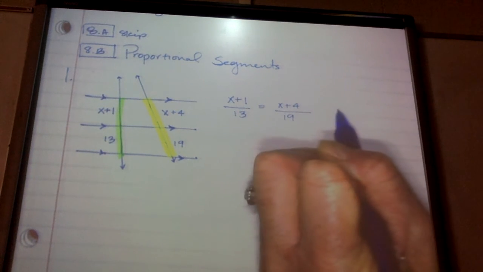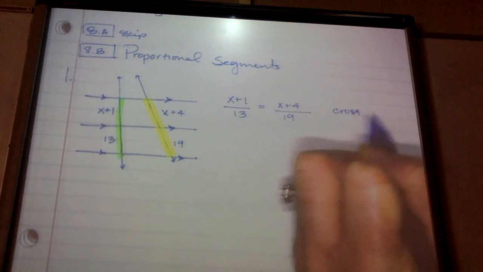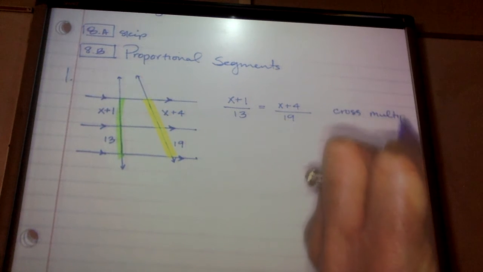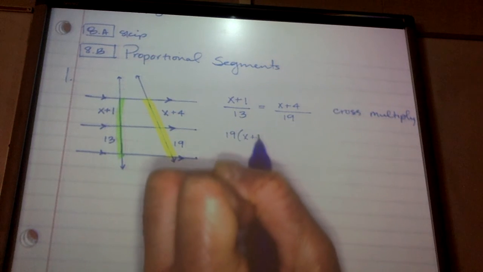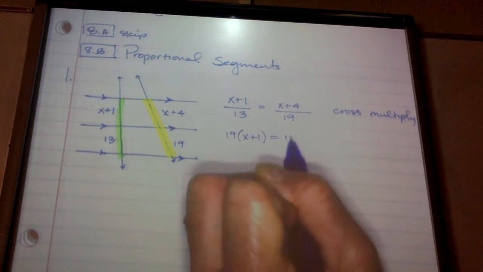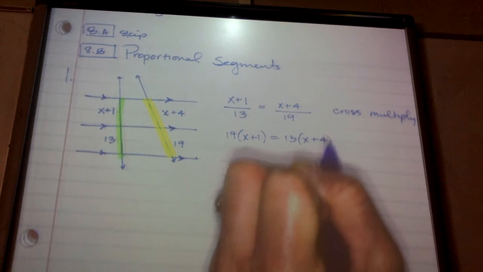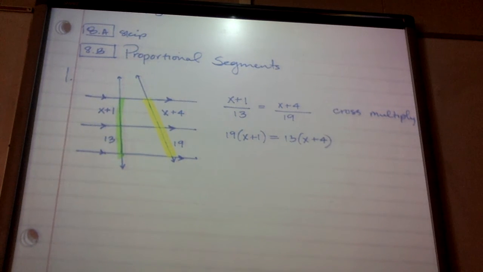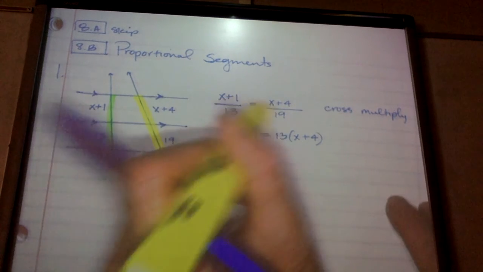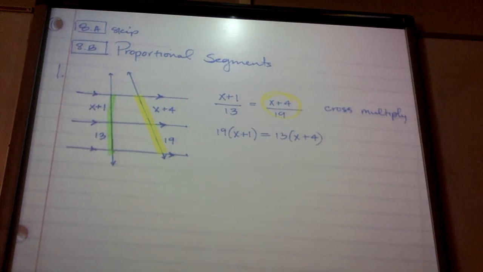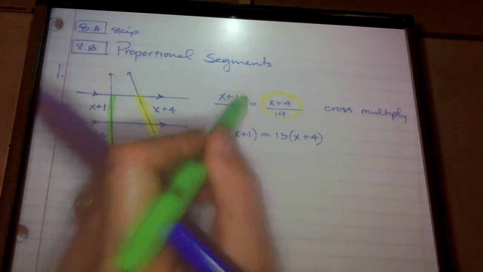And then from here, I'm going to cross multiply. So 19 times x plus 1 has to be equal to 13 times x plus 4. I like to put the number out front because that's what we're used to seeing when we distribute. Okay, and I don't know if it helps, this was my yellow side, this was my green side.